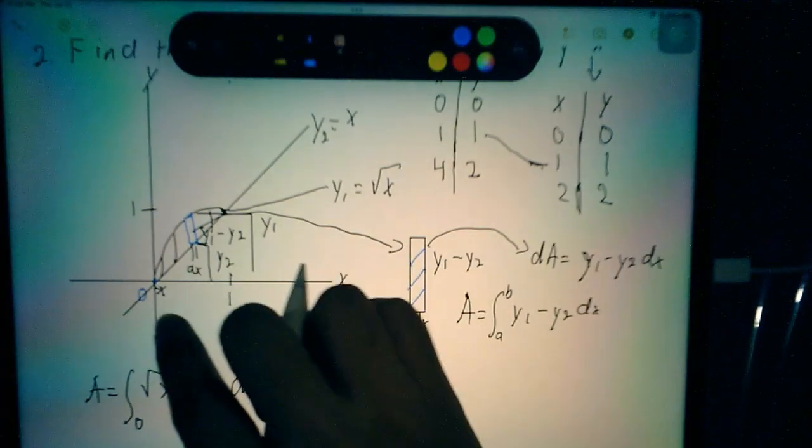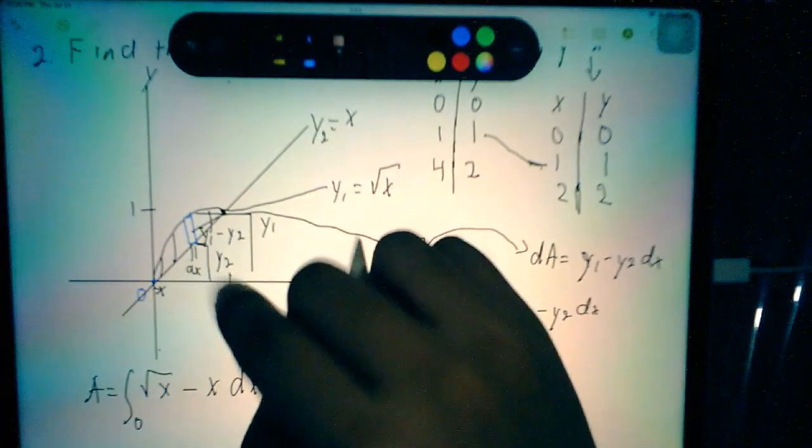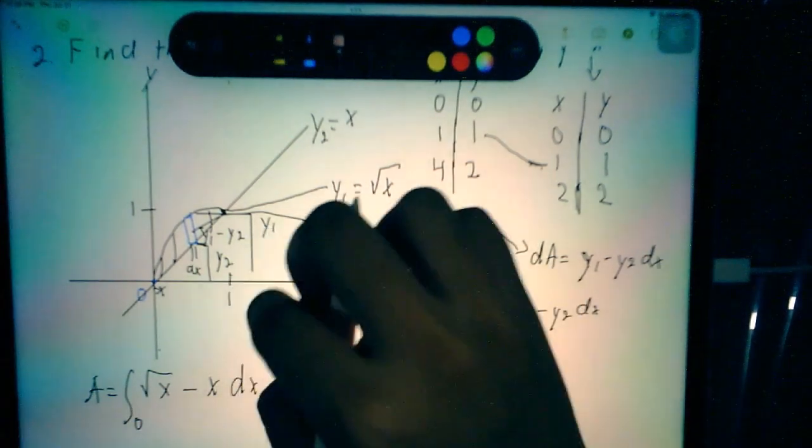Why? Because along the x-axis, for dx we must respect x to dx, so 0 to 1.